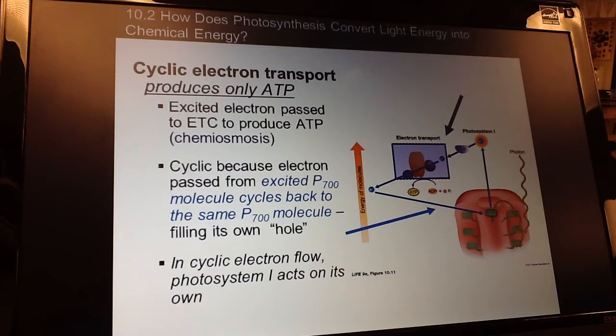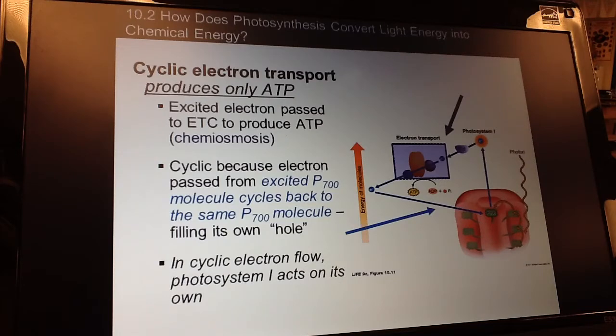Now, what happens in cyclic electron transport is we're only going to produce ATP, and here's why. The excited electron that comes out of photosystem 1 is going to be passed to the electron transport chain.